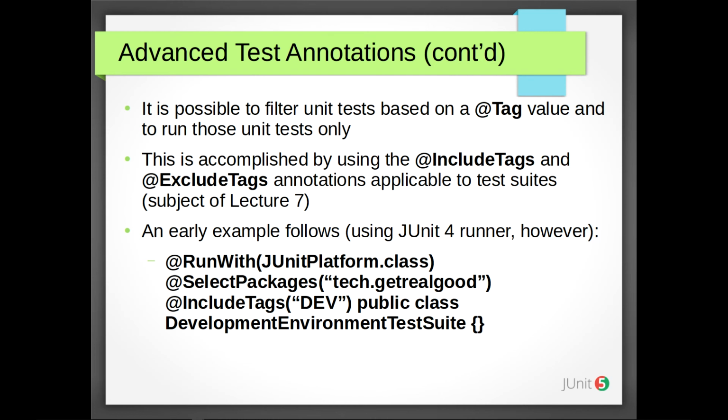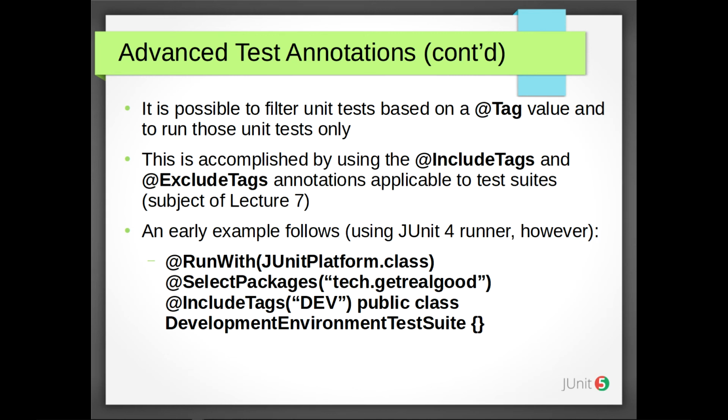It is possible to filter unit tests based on a @Tag value and to run those unit tests only. This is accomplished by using the @IncludeTags and @ExcludeTags annotations applicable to test suites, which are the subject of Lecture 7. An early example follows, using JUnit Runner, because test suites are part of the JUnit 4 platform but not part of the JUnit 5 platform.